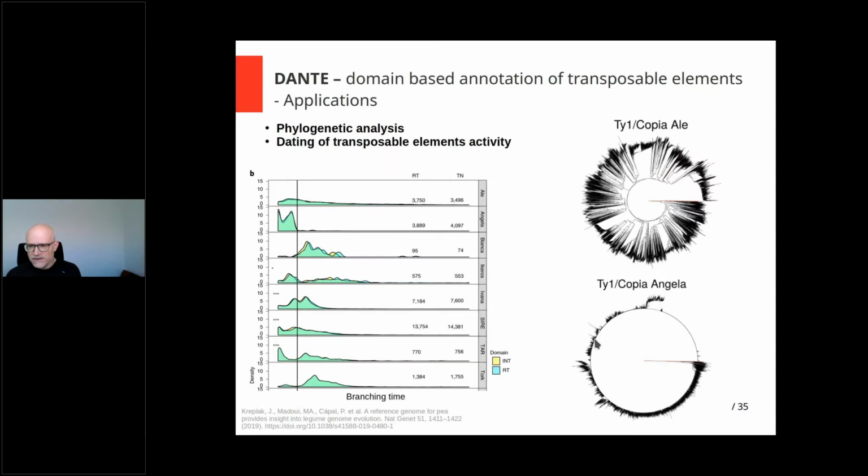This means that there was a recent wave of amplification. While on this retrotransposon here, you can see that the branches are much longer, and there wasn't really any clear wave of amplification. These histograms are summarizing the lengths of these branches. So this is one application of how Dante can be used.